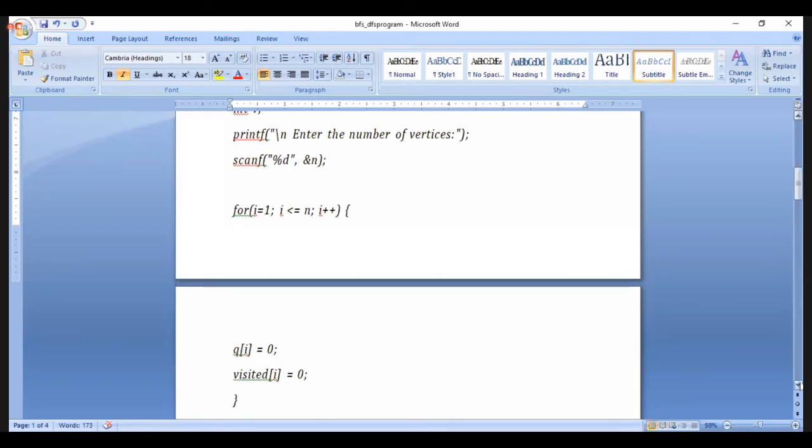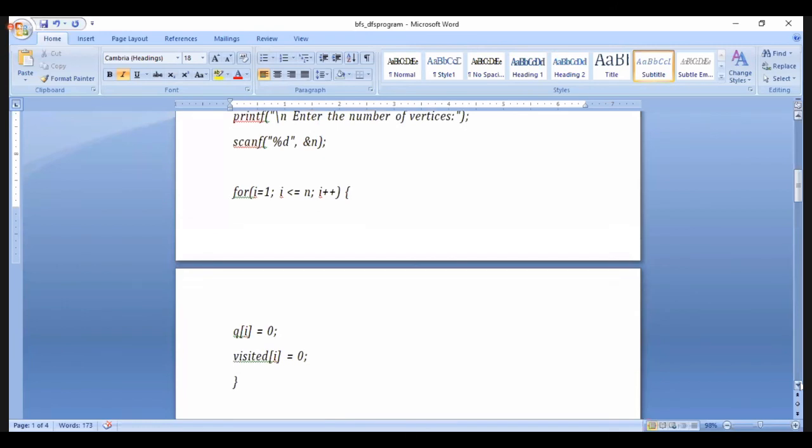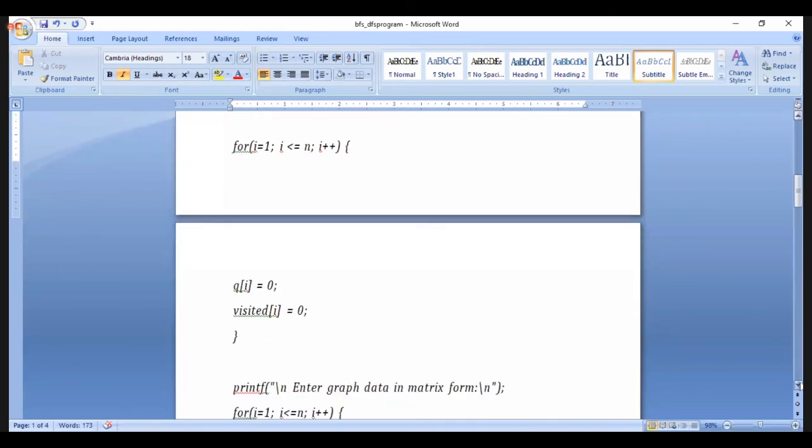All zeros means no vertex is visited till now. If visited of I becomes 1, that particular vertex is visited. So the for loop assigns visited of I and q of I as 0.